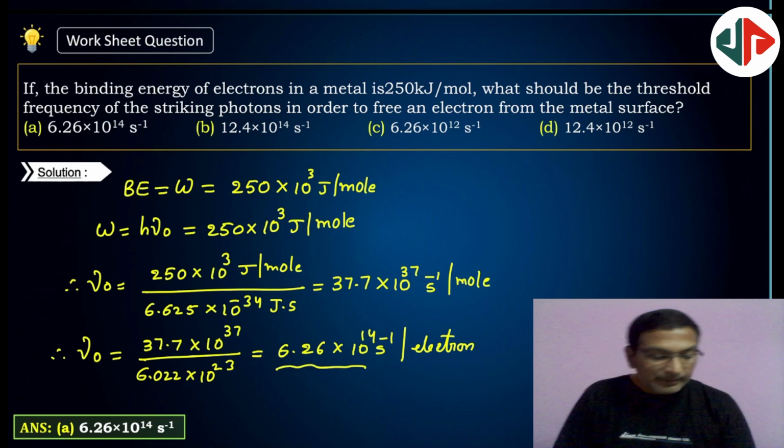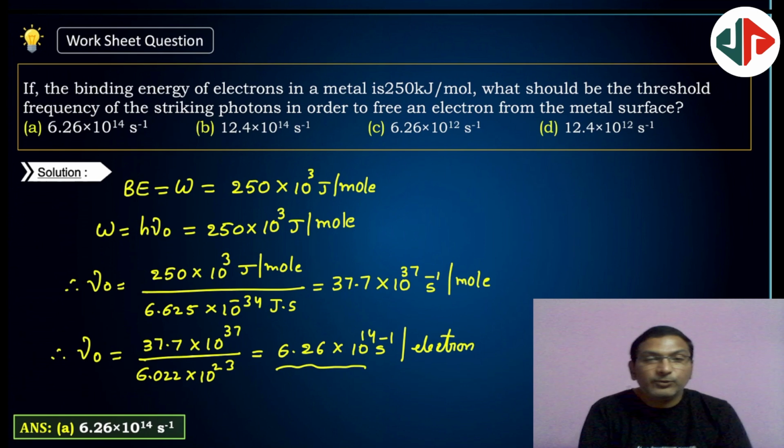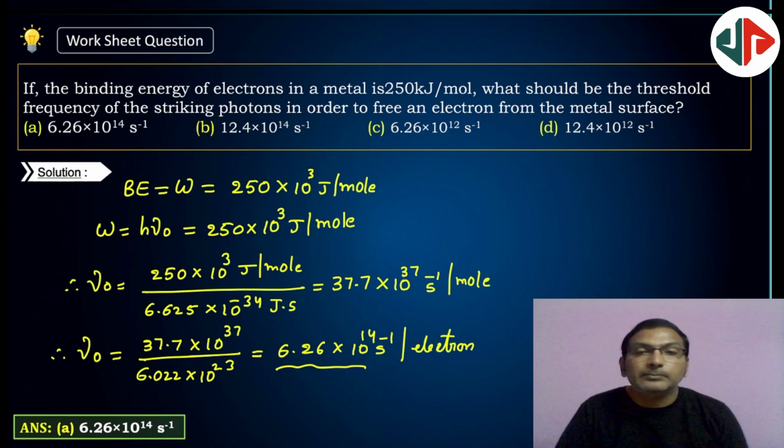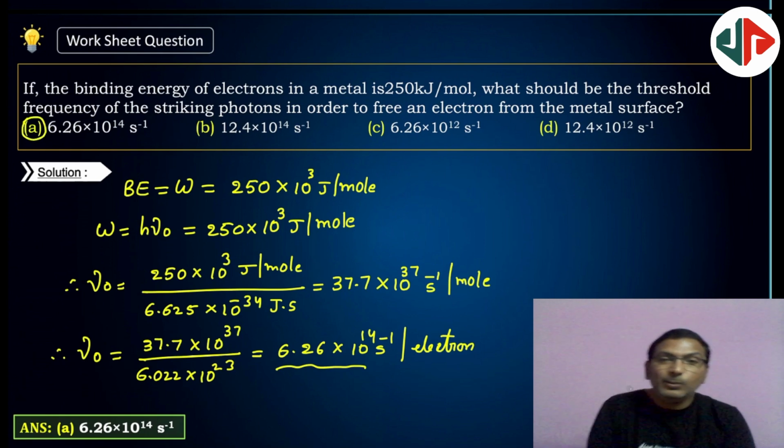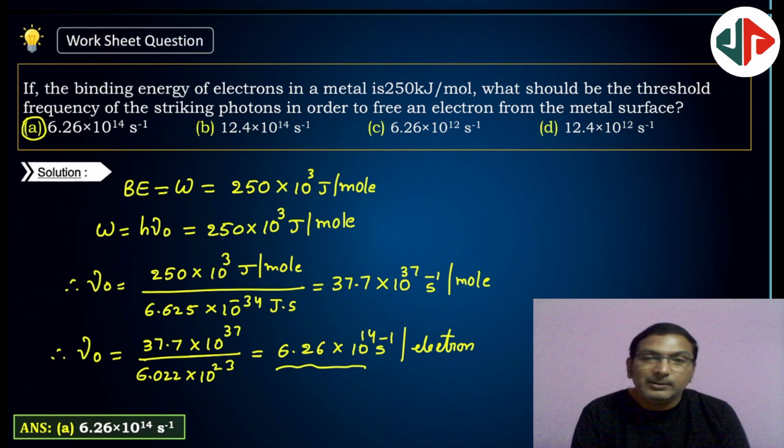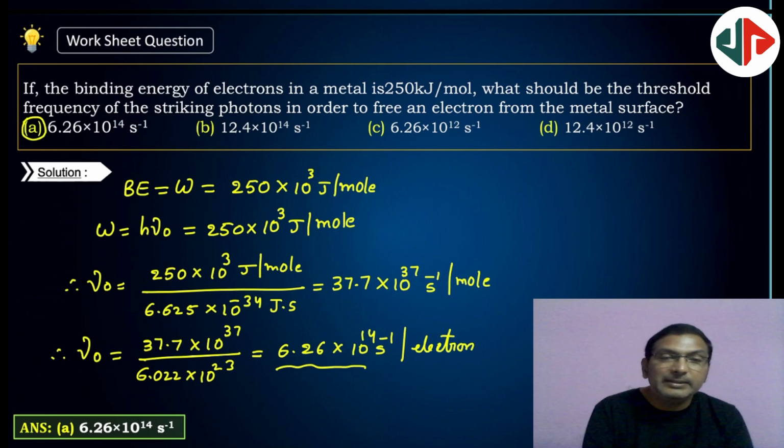This will be the answer. For 1 electron, we must calculate. So the answer will be 6.26 into 10 power 14 second inverse. Binding energy for 1 mole of electrons is given. We should calculate the threshold frequency for 1 electron. That means we have to divide that value by Avogadro's constant, which is 6.022 into 10 power 23.